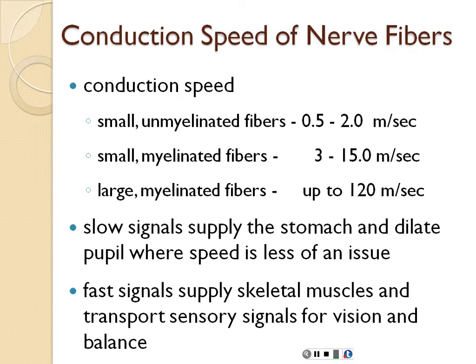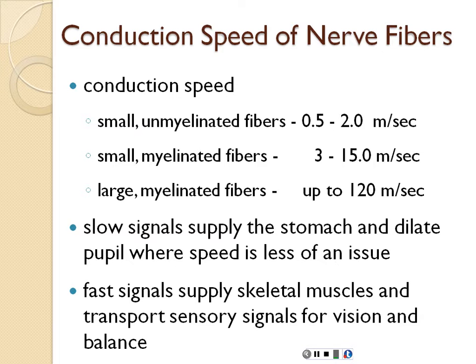Right, you can actually see the pupils constrict. So that's controlled by slower signals. Okay? And there's really no reason for that to be lightning fast. So whoever built the body, I guess, put the slower ones in the areas where there was no need for them to be so fast. And so the stomach, your gastric activity, all of that is controlled by slower neurons.